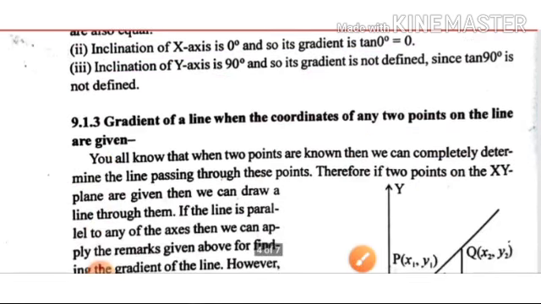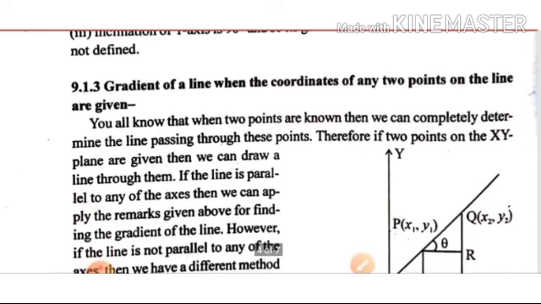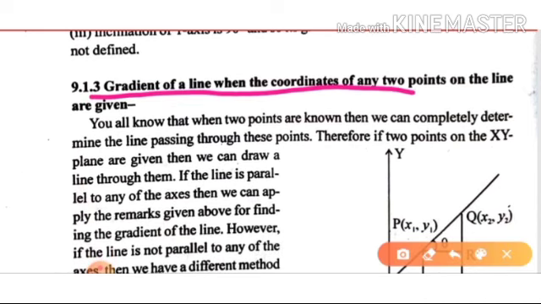Now, how to find out the gradient of a line when the coordinates of any 2 points on the line are given. Now what is it?